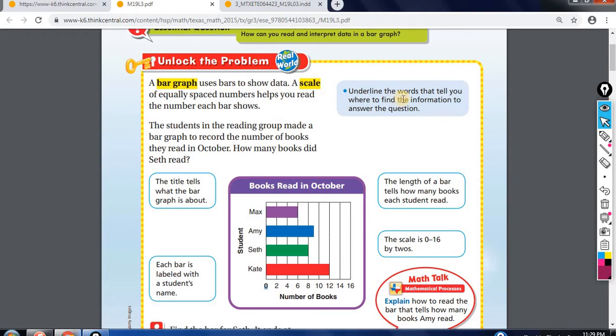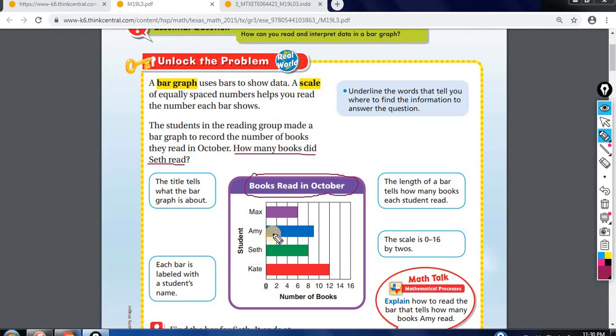So we're going to underline the words that tell you where to find the information to answer the question. Okay, how many books did Seth read? The title tells you what the bar graph is about. It's very important you understand this because you'll be having to make these. Sometimes each bar is labeled with the student's name.